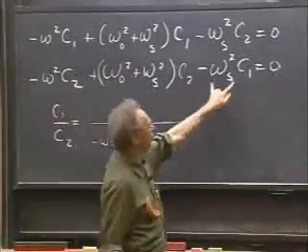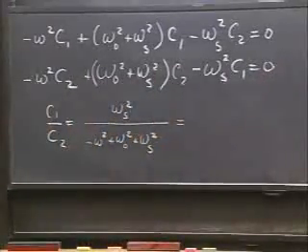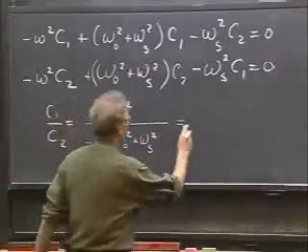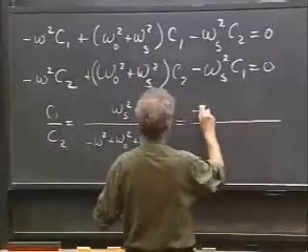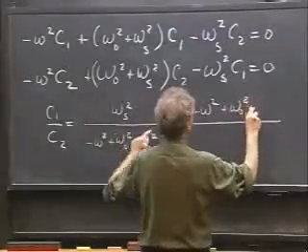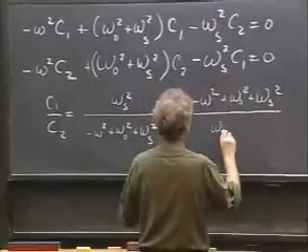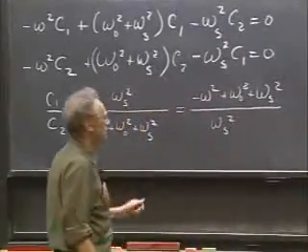So I bring this one to the right side, then I have c1s there and c2s here. And now this becomes upstairs. So I get minus omega squared, plus omega 0 squared, plus omega s squared, and I get downstairs omega s squared.